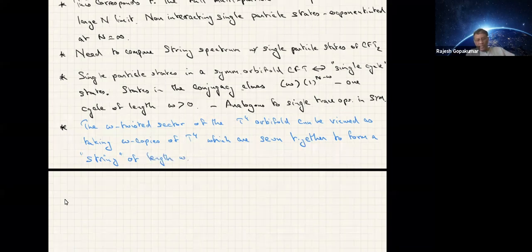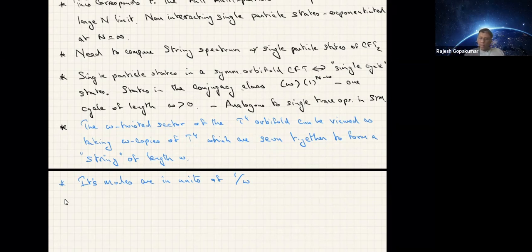Again, I'm using this long string language of the symmetric orbifold: you consider W copies of these and sew them together by some roots of unity. And you get one longer T4, which is built out of these W copies. It's a string of length W. So its modes are in units of 1/W. There is now a fractional moding because of this string of length W.